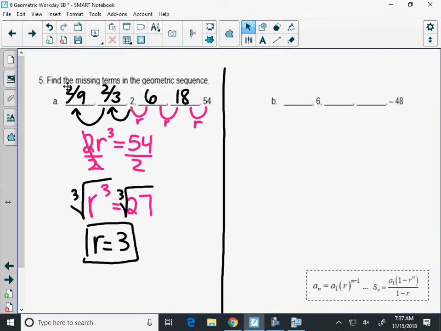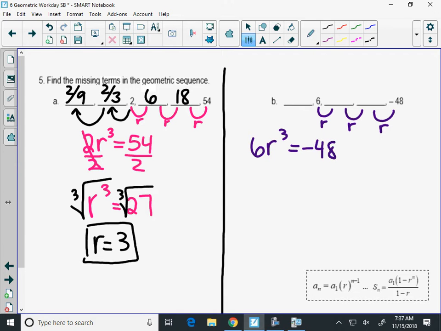All right, same kind of problem here. I start with 6, and I have to multiply 6 by the common ratio, looks like 3 times, to get to negative 48. All right, I divide by 6. That gives me r cubed equals negative 8. And the cube root of negative 8 is negative 2.